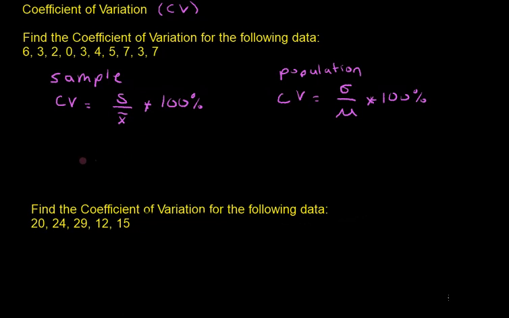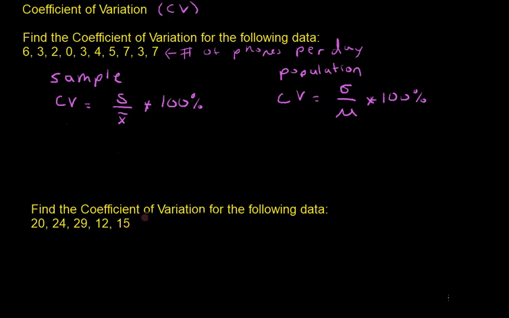All right, so let's go ahead and calculate the coefficient of variation for this data set here. We'll calculate actually for both these data sets. This first data set is the number of phone calls per day. We've been using this data in previous videos, so we actually know what the standard deviation and the sample mean are from previous videos.